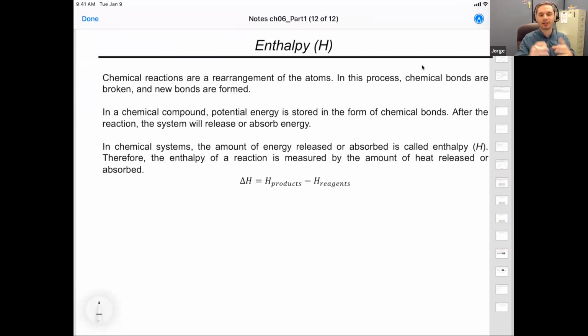And the symbol for that is an uppercase H. That's what we are going to focus on in this course: the enthalpy. Enthalpy means the energy released or absorbed by a chemical reaction. And here we are always going to be looking for the variation of enthalpy, which is defined as delta H.